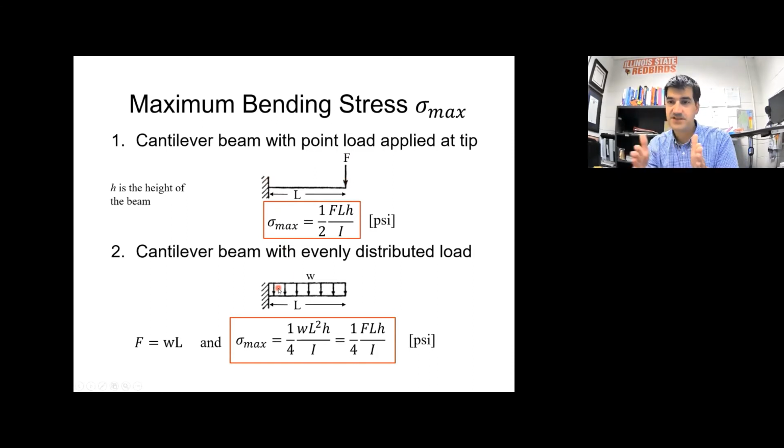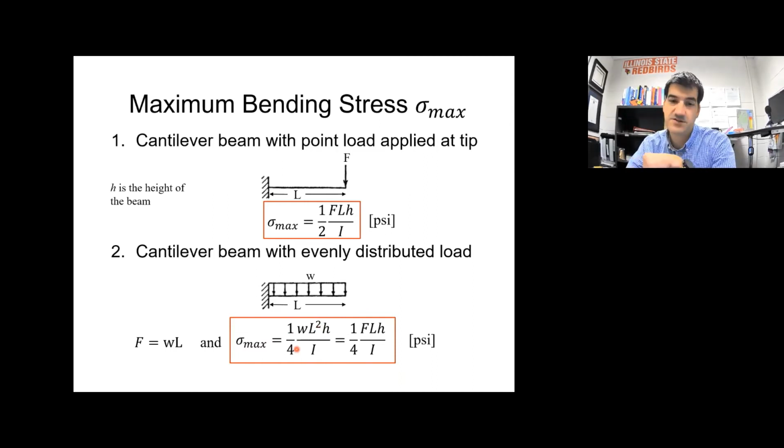If we have an evenly distributed load applied to our cantilever, then once again, calculate your total force F by taking your uniformly distributed load W times the length or span of the beam. That will get you F, and then plug F into this equation right here. And if you want to, you can ignore this equation. There's never a situation where you have to use this equation right here.